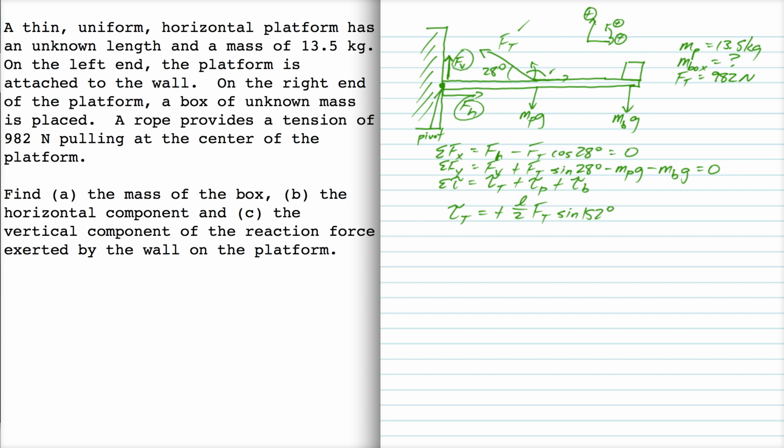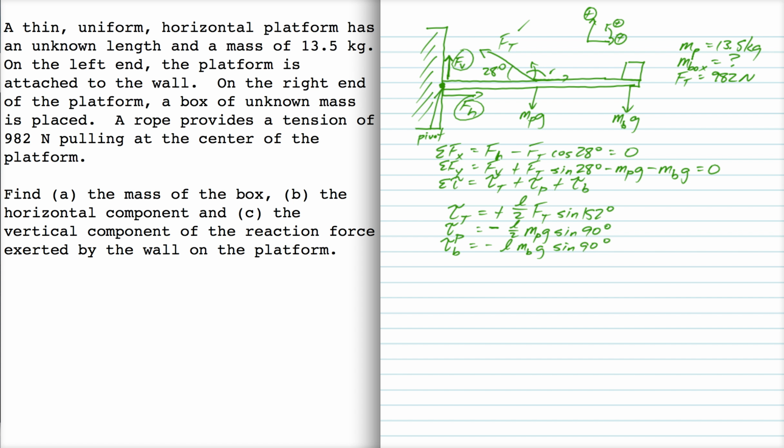Next, the torque due to the platform. That's minus. The platform's gravity is trying to make the platform rotate clockwise. L over 2 times mg sine 90. And then the torque due to the box is also minus. It's L times the mass of the box times g times sine 90.